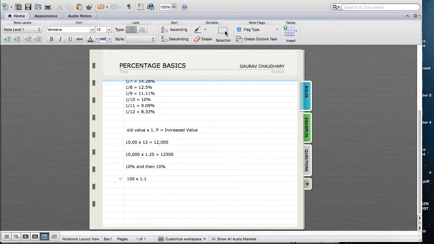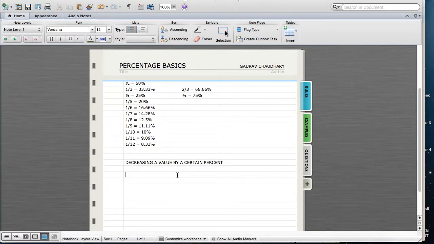Then again there is an increase of 10%, so we'll again multiply it by 1.1. Our answer becomes 121. So the original salary was 100 and the new salary is 121. From 100 to 121, there is an increase of 21. So the net percent increase is 21%.